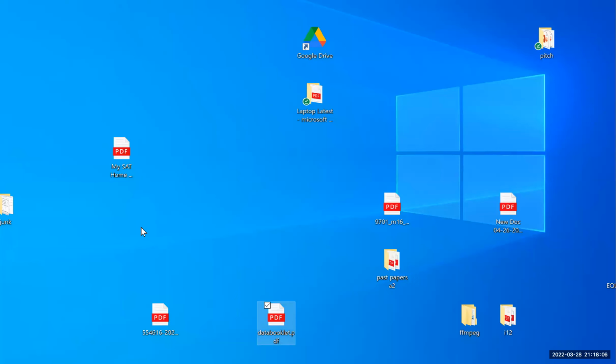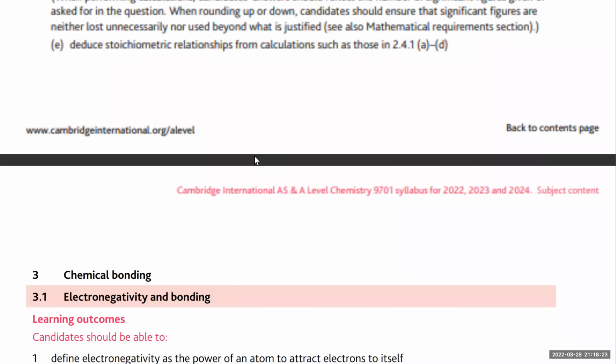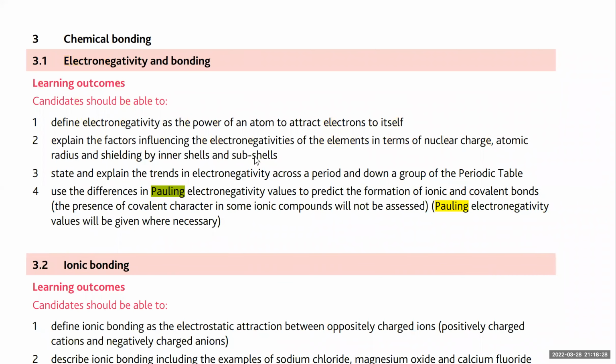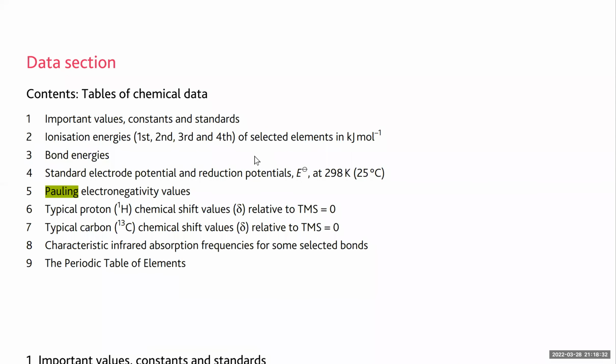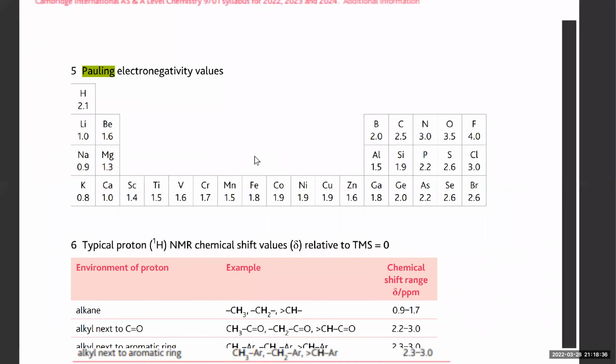They've included the Pauling scale now in the latest syllabus data booklet. The Pauling scale gives you an idea about the electronegativity of the elements, which we already know. Which one is electronegative, which one is not. But now they've also given you values for that. Look at where the table is. So you're given electronegativity values.